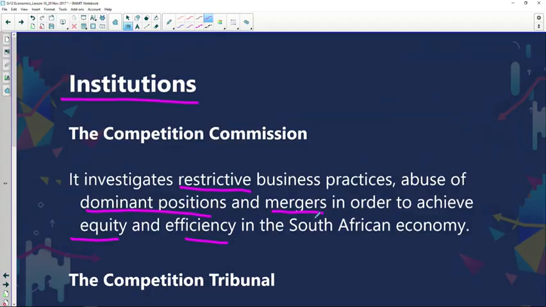So this is also another challenge because you end up being in a dominant position, and therefore you can influence price because you are a large corporation that could influence the decision making in that particular industry, or in the product or service that you are offering. And there are issues of equity as well that need to be considered, and efficiency.